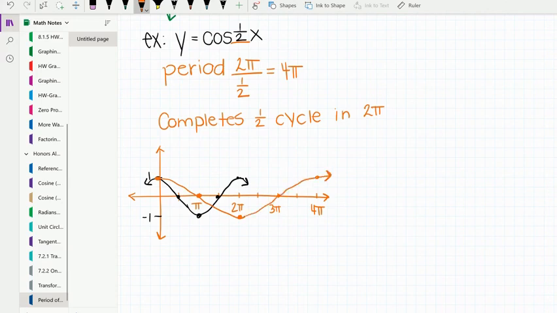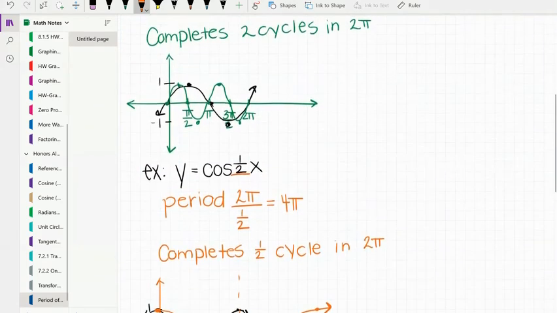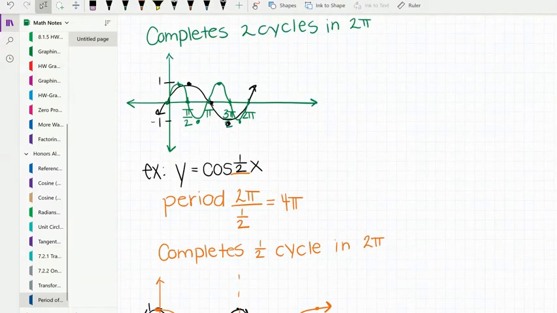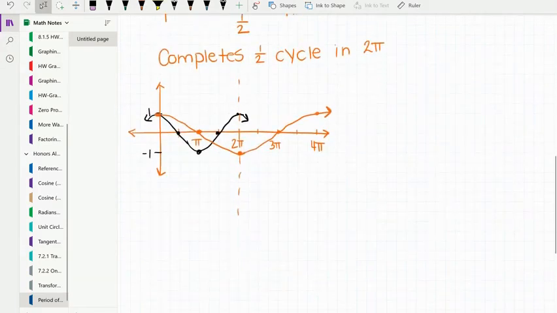Great, so we can see that when it gets to 2 pi, it's only completed half the cycle, and that's why it's cosine half x. And just like this one, when it gets to 2 pi, it's completed 2 cycles. So that is everything you need to know about period.